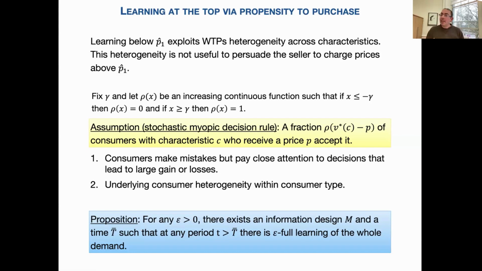Okay? So there is a big difference between learning at the bottom, if you like, with the uniform price. You don't need all these things, but you need to be able to use heterogeneity across willingness to pay. It is very difficult to use the heterogeneity to persuade the seller to price above the uniform price.